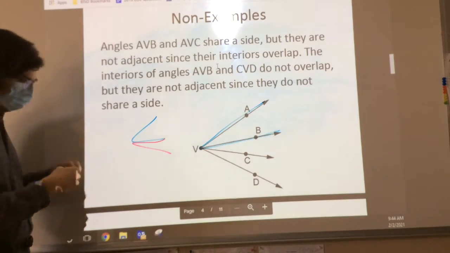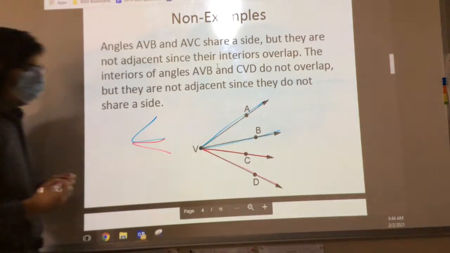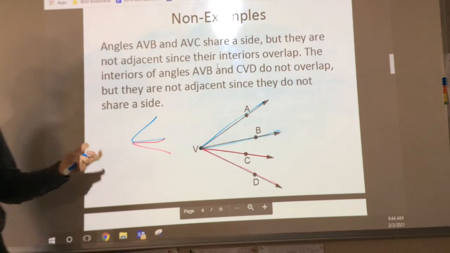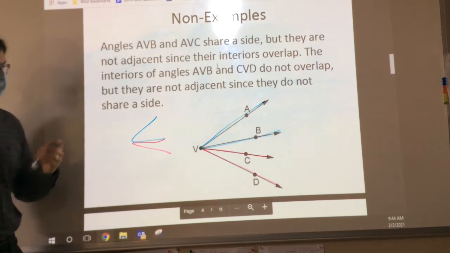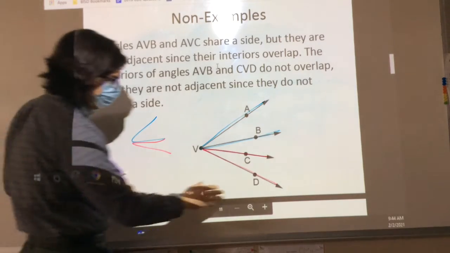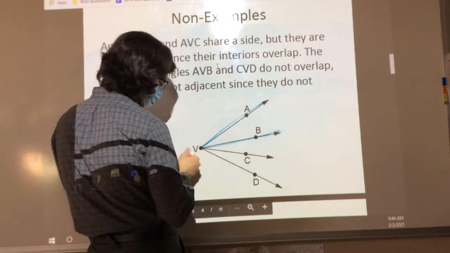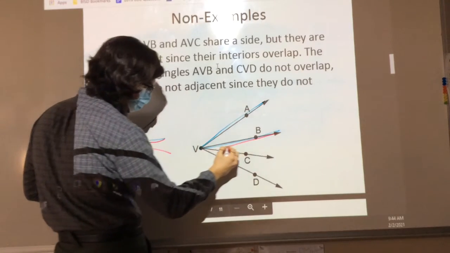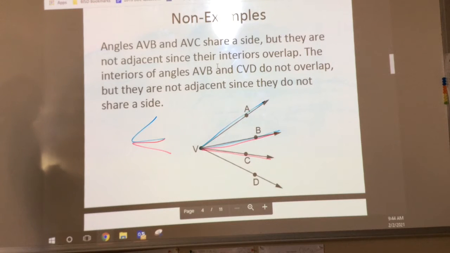And then we're going to have CVD. But again, notice they don't share a side. They share a point, but those are just two separate angles. Okay? If we wanted to get super particular and have an actual adjacent one, we could do something like this. You see how that one would be adjacent?